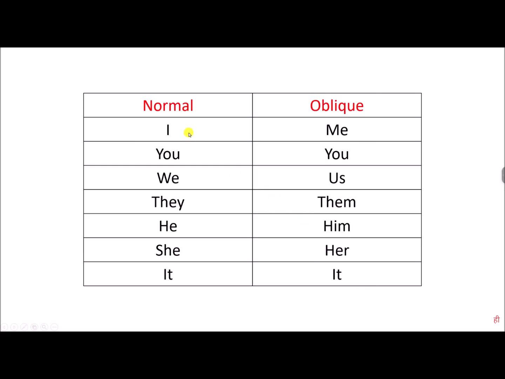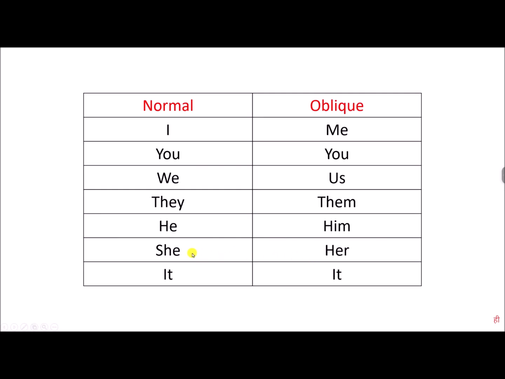In English, we have I, you, we, they, he, she, it, and so on. These are the normal pronouns, and these are the oblique pronouns. Me is the oblique form of I. You is same as this. Us is the oblique form of we. Them is the oblique form of they. Him is the oblique form of he.